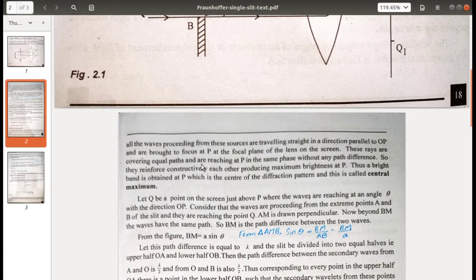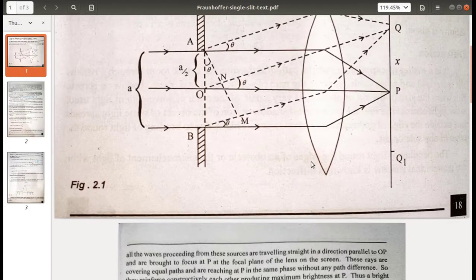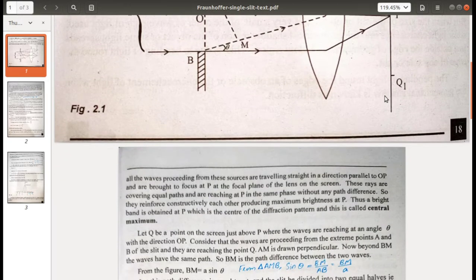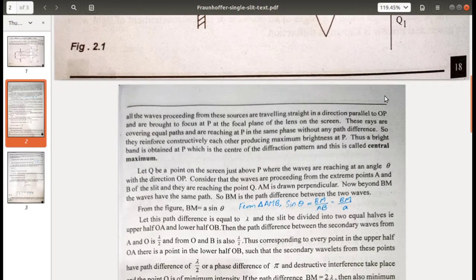These rays are covering equal paths and are reaching P in the same phase without any path difference. You can see that these rays reaching point P, the focal point of the lens placed here, travel the same distance, so there is no path difference between them.